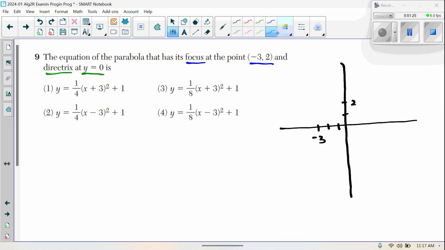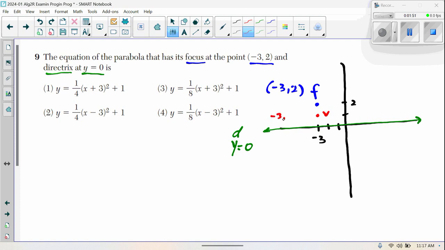If my focus is right here, the focus is at -3, 2. And the directrix is right on the line where y equals 0. That's the x-axis. This is my directrix at y equals 0. My vertex is right in between them, right here. That's the vertex.